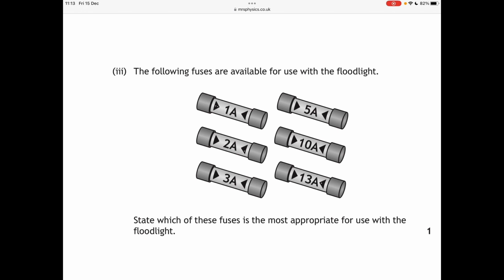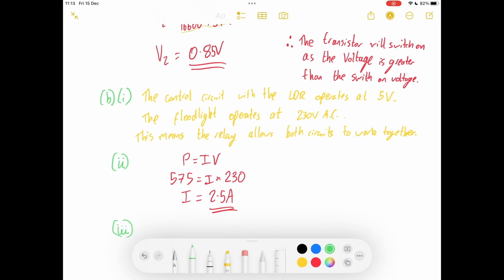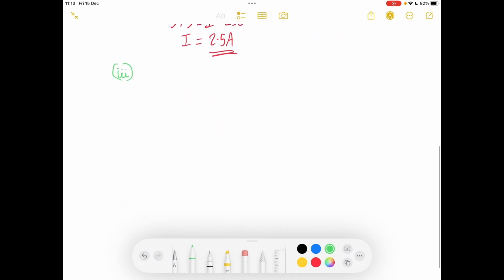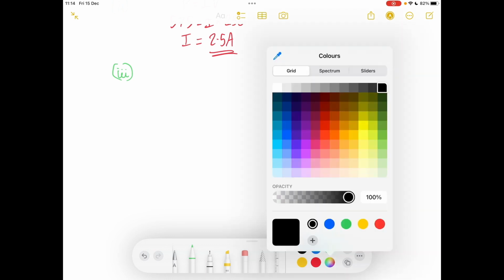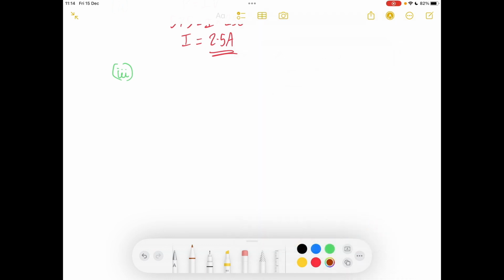The general rule is, we'll go back to our notes here, you would select the 3 amp fuse if the electrical power is less than 700 watts. And you would select the 13 amp fuse if the electrical power is greater than 700 watts.